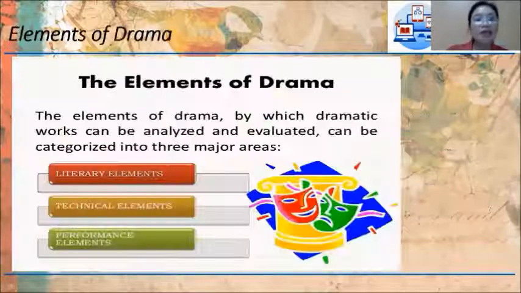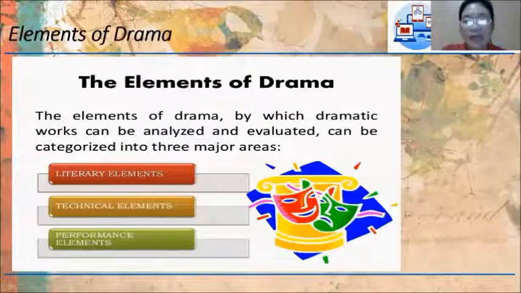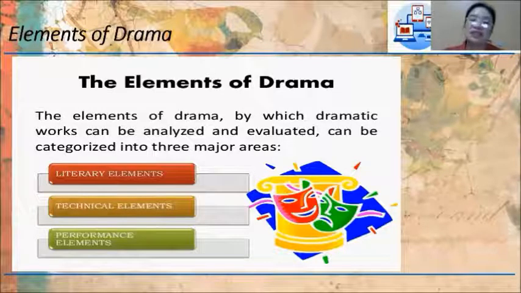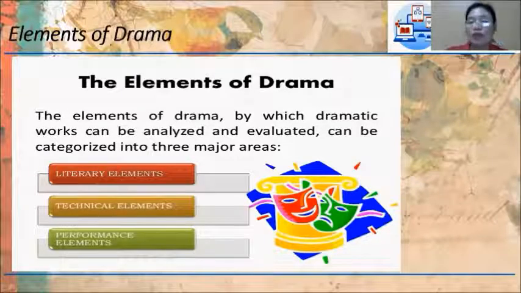Okay, and then what are the elements of drama? The elements of drama by which dramatic works can be analyzed and evaluated can be categorized into three major areas. So, these elements are literary elements, technical elements, and performance elements. So let us discuss it one by one.